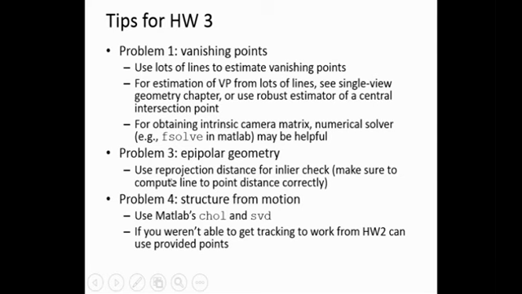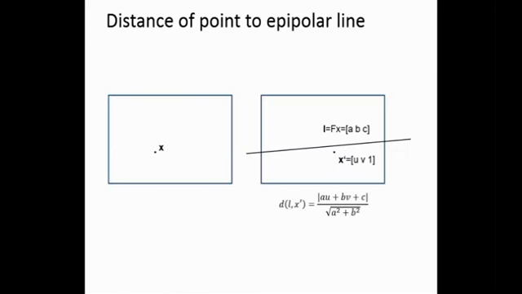And for epipolar geometry, make sure that when you compute the distance of a point to a line, you remember that we have a constraint that x prime transpose Fx equals 0, but x prime transpose Fx is not equal to the reprojection error. To solve for it, you have to do Fx to get your line equation.